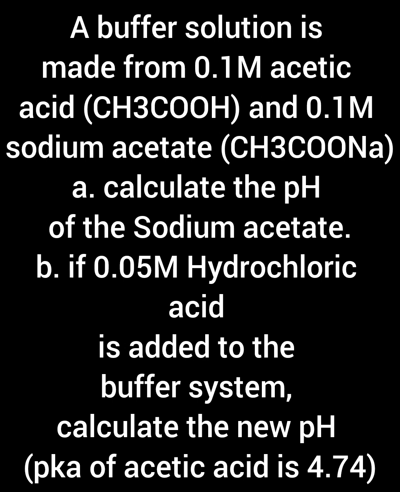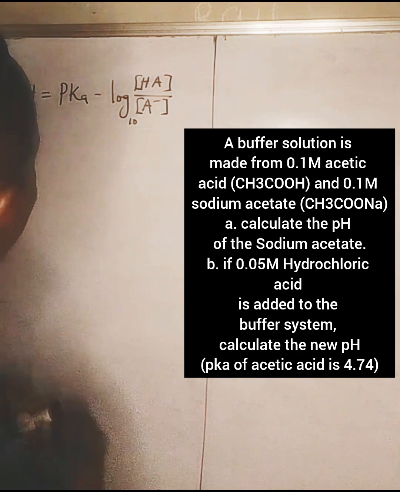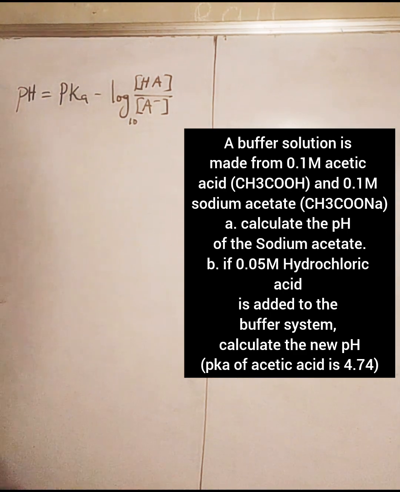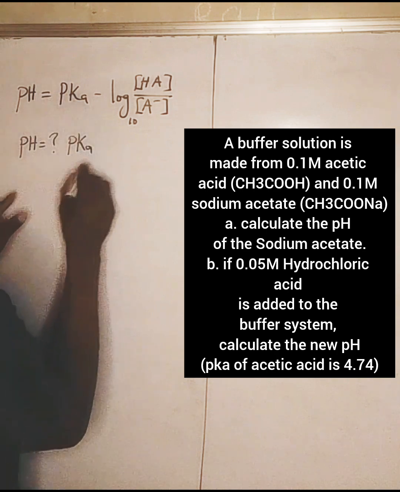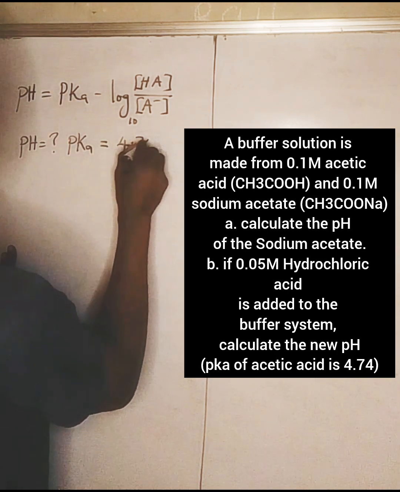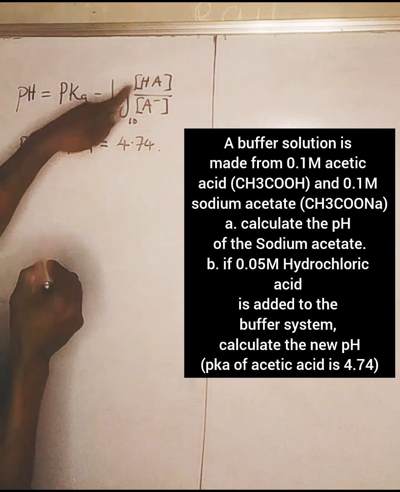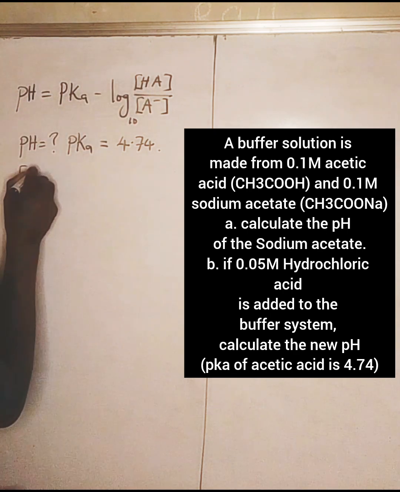The Henderson-Hasselbalch equation is the equation that governs a buffer system. We know that pH was not given, but the pKa of acetic acid was given, and the value is 4.74. This is the concentration of the undissociated acid.